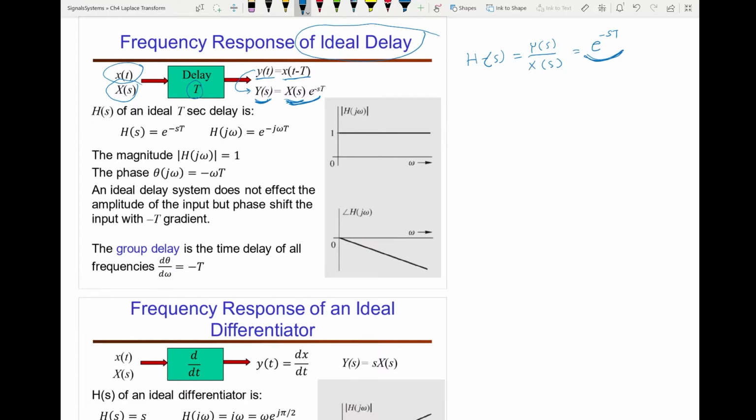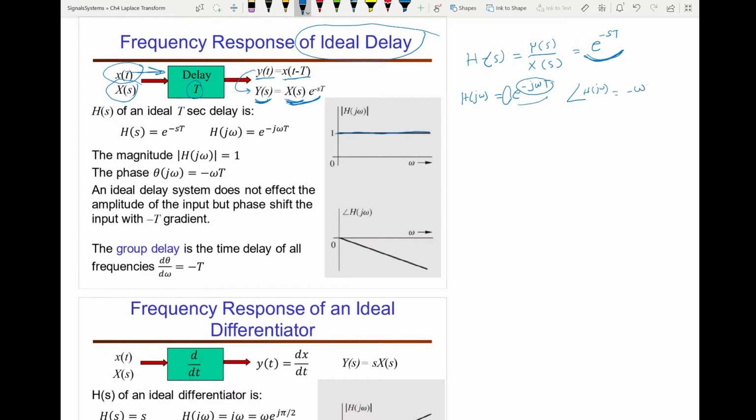If I want to find the frequency response of this one, I just replace s by j omega. So that will be e to the minus j omega T. If I want to plot the magnitude, it is just 1, which is this. That's the magnitude. So all frequency components coming to this system will not be attenuated. They will pass perfectly. If I want to plot the phase, then this is the phase.